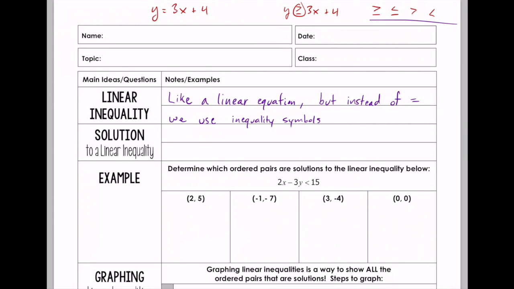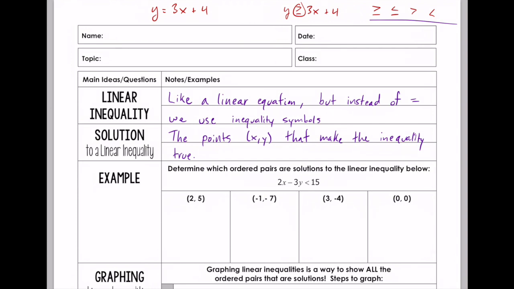So then the solution to a linear inequality, it's the points, and points are always x comma y, that make the inequality true. So let's see what I mean by that.